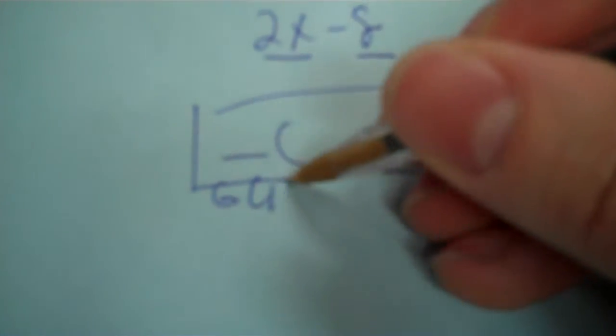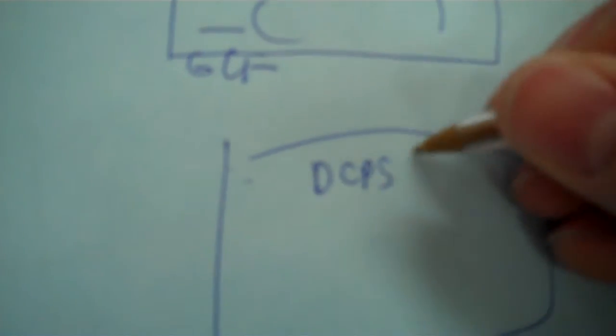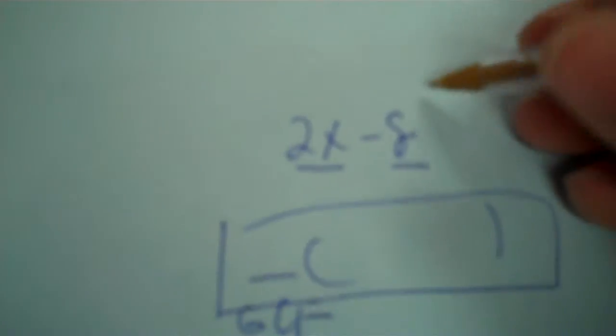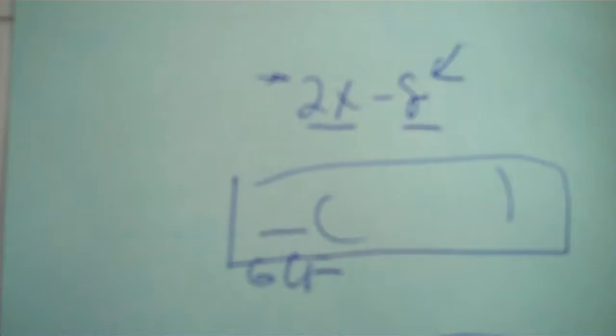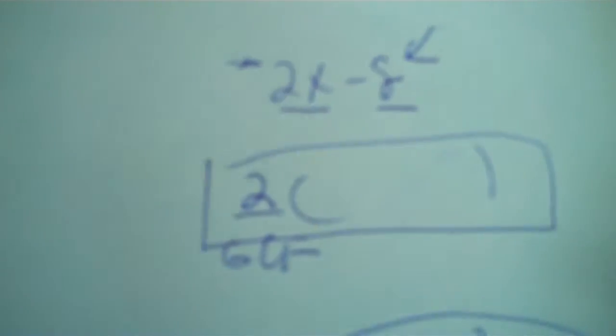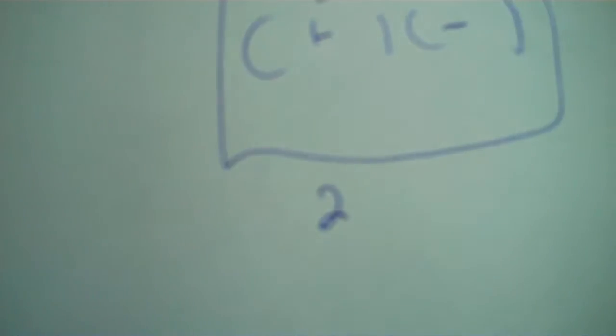Then 2x minus 8. So that's 2 terms. GCF and DOPS. Not seeing the x, not seeing the negative, but there is 2. These are both in the 2 row. So 1x minus 4. So you bring down your 2, okay?